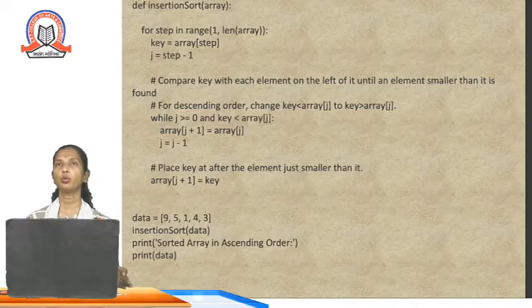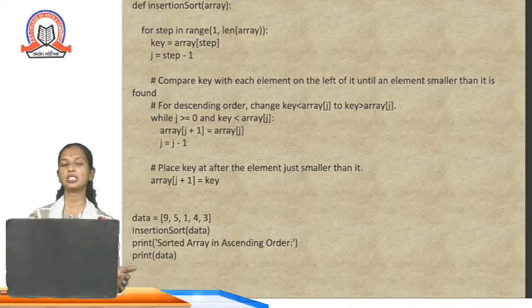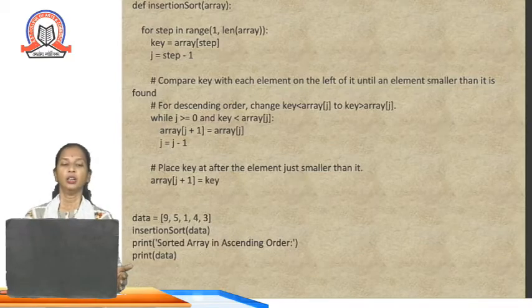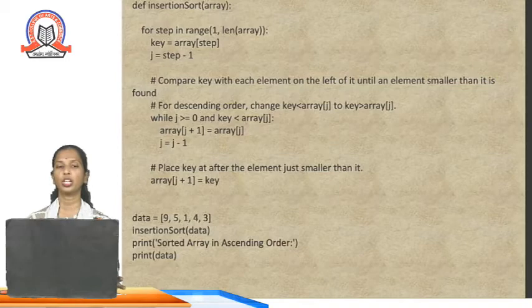Every time we go inside the loop, we copy some value into the key variable, and the value just before the key element is copied into the jth index. Then the same process continues for the second and the third elements, and so on, till the last element in the array.